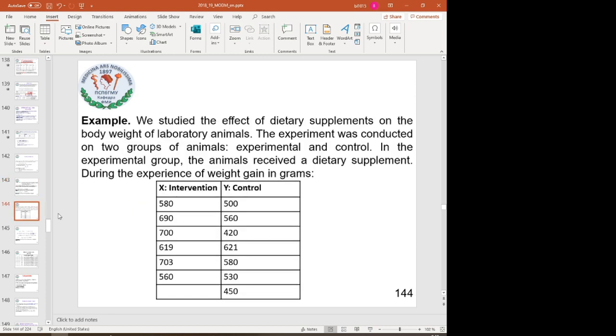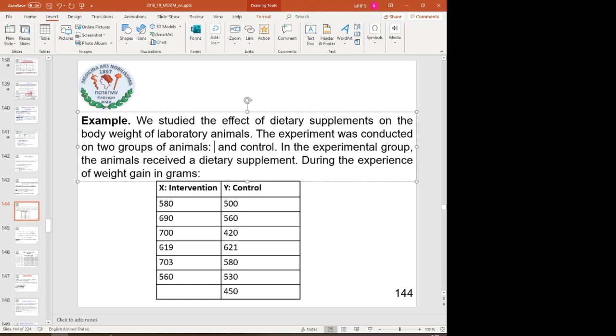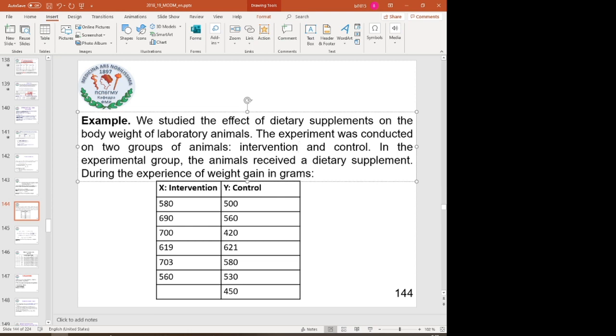So now let's analyze an example. Let us study the effect of dietary supplements on the body weight of some laboratory animals. The experiment was conducted on two groups of animals: the intervention group, let me call it not experimental but intervention group, and the control group.